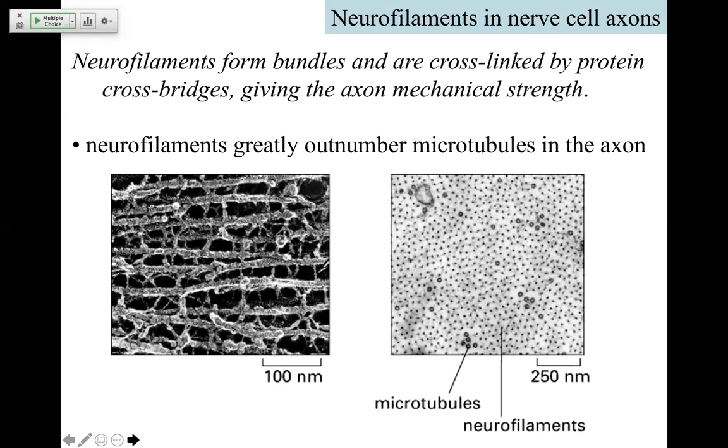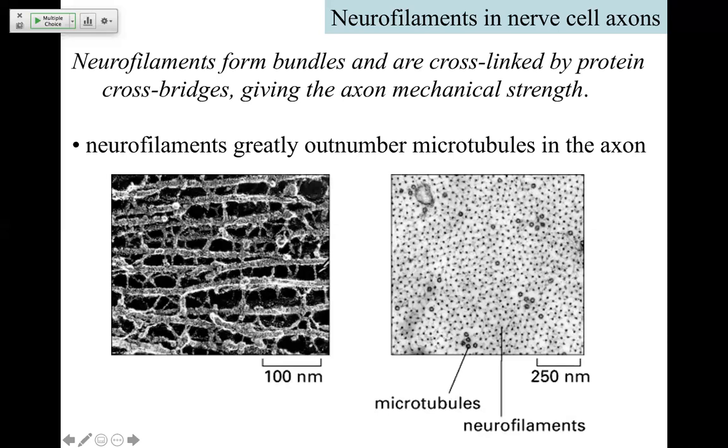So what about a different type of intermediate filament? Neurofilaments are a different polypeptide that assembles in a similar way to form a different type of intermediate filament. These will arrange themselves in parallel arrays.